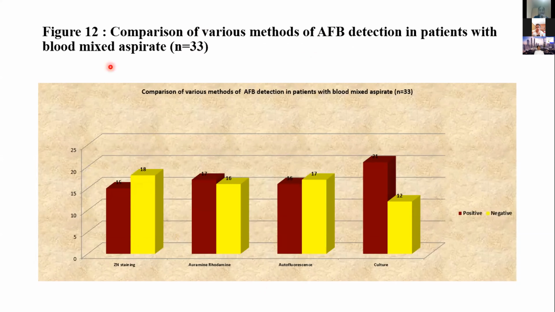Out of the 33 patients, the Zn staining was positive in 45%, auramine rhodamine in 51%, autofluorescence in 48%, and culture in 63%. Taking culture as the gold standard, auramine rhodamine was found to be more sensitive, followed by autofluorescence, and the most specific was the Zn staining.